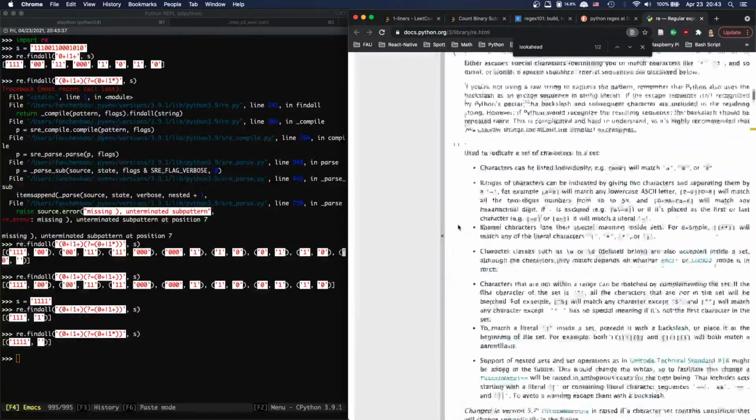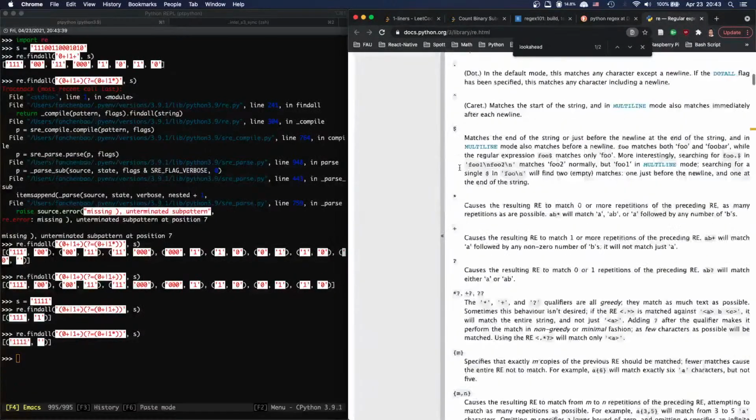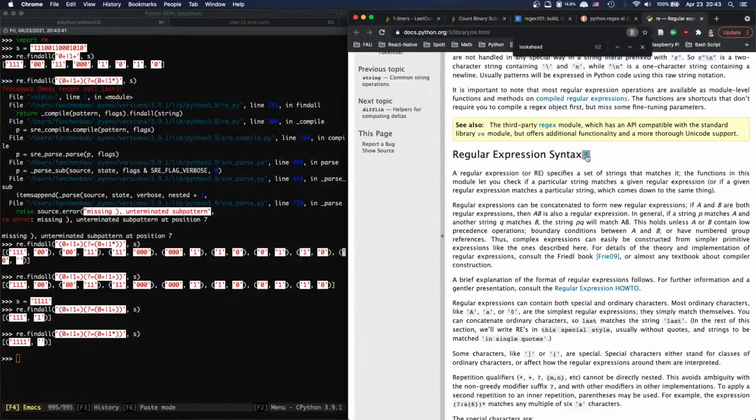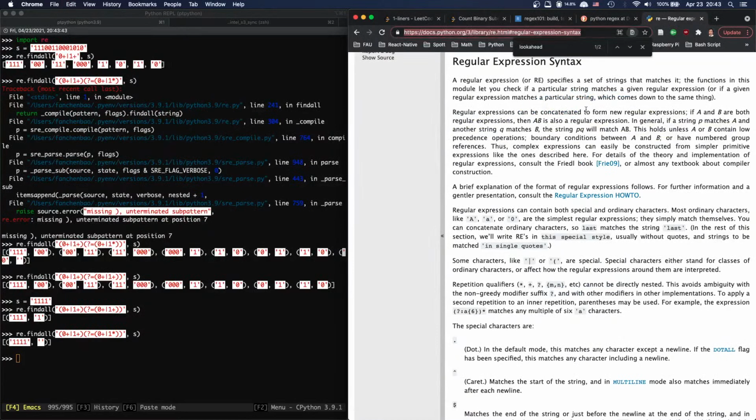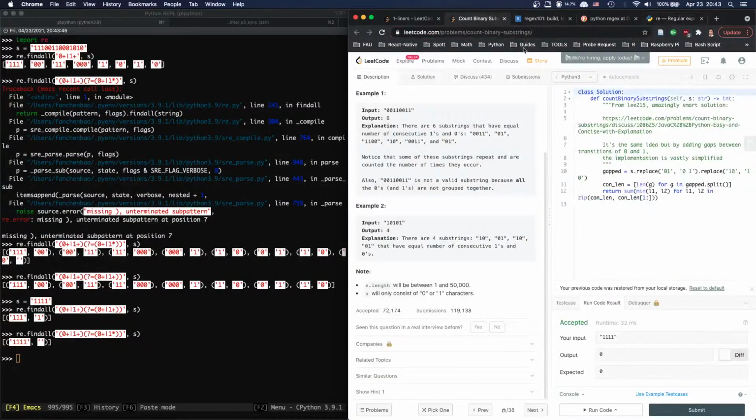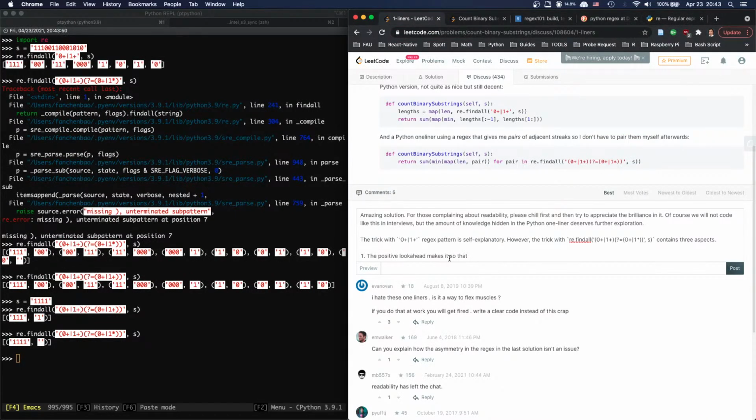Can we quote this? I have to find a section, regular expression. Yeah, okay, do this. Where is the comment? The positive look ahead, which is this part, 0 plus and 1 star, right?